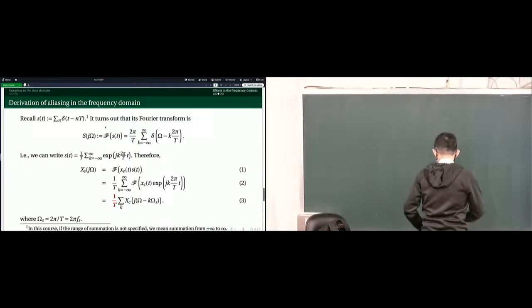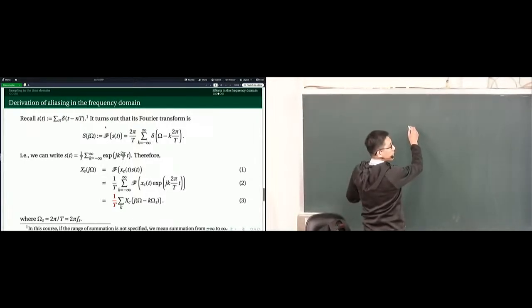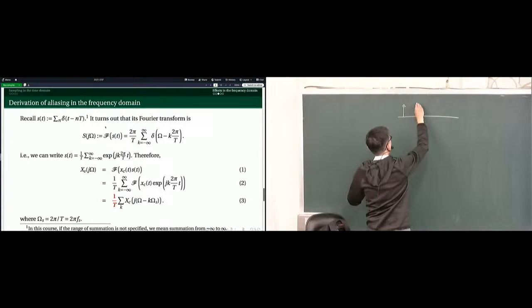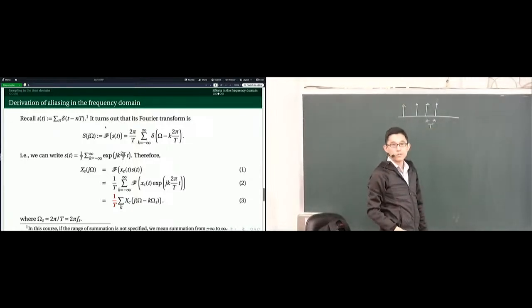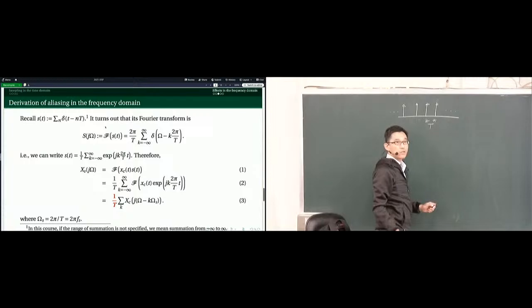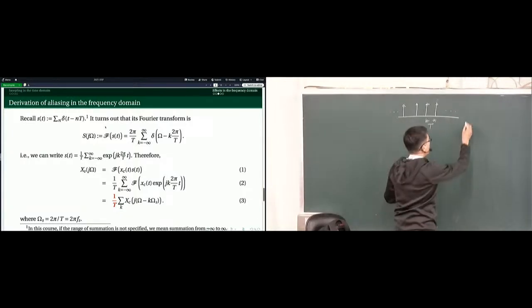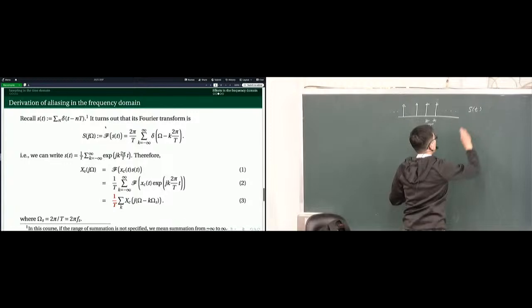Let's still draw a few sketches first. We introduced a signal that consists of spikes which are equally spaced, and the spacing, of course, is the sampling period. We call this signal S of t.